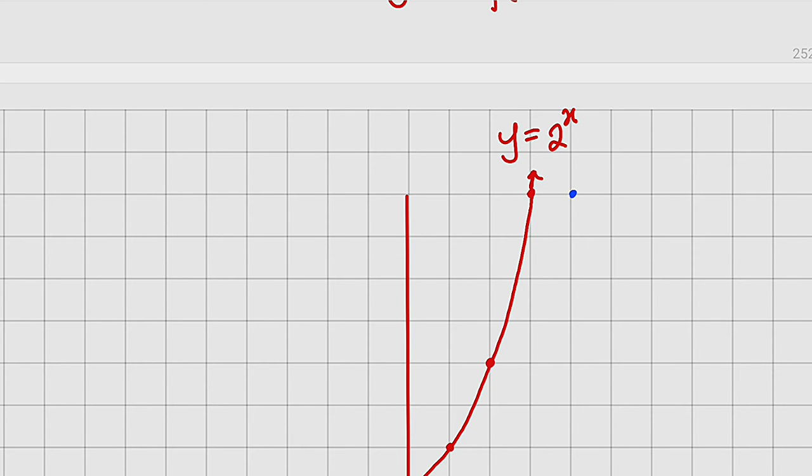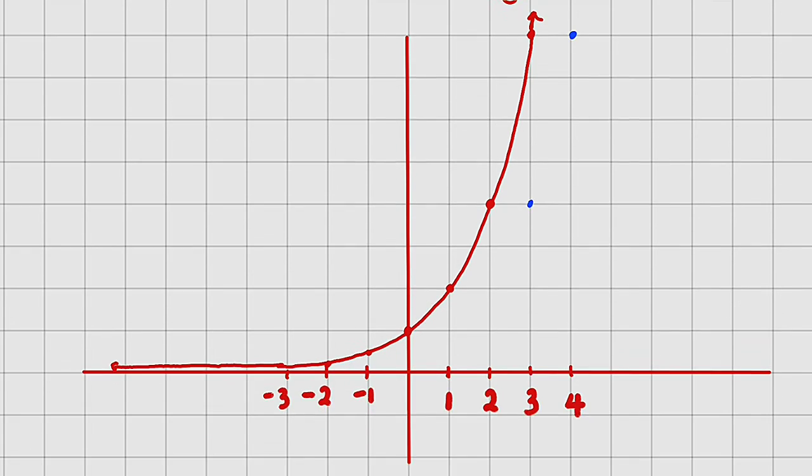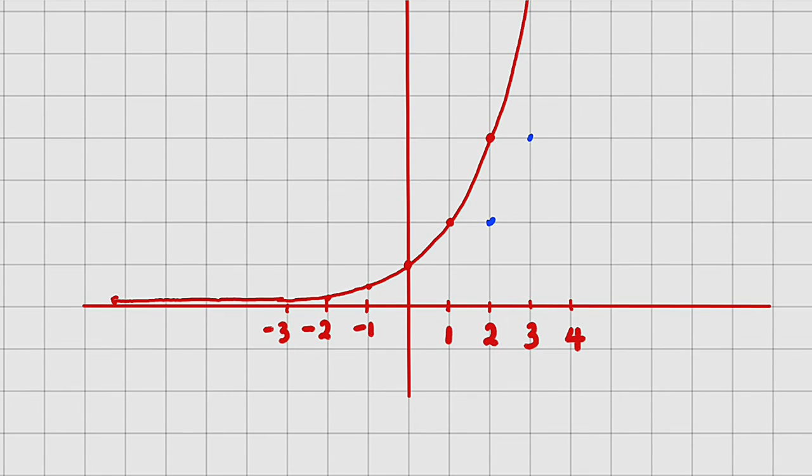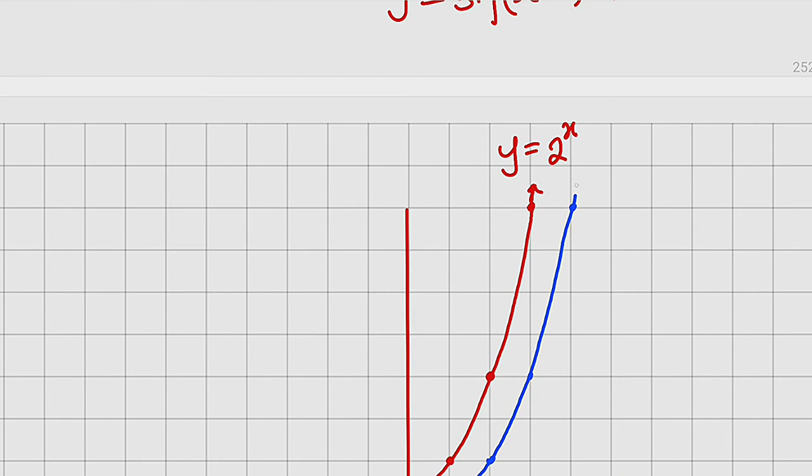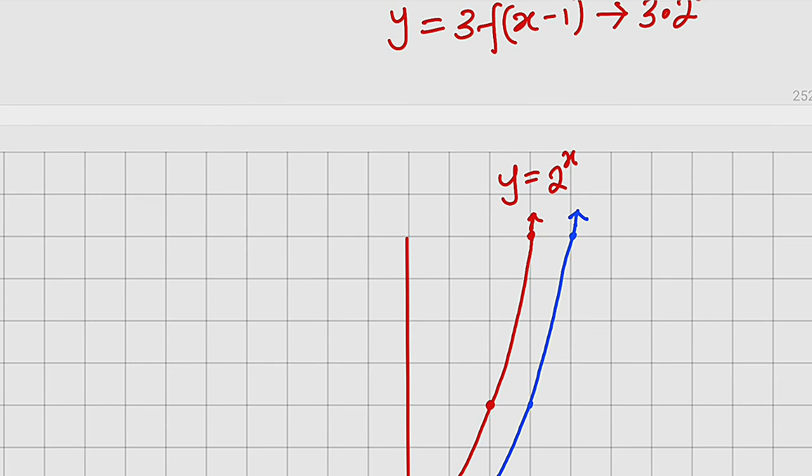I have another one here, 1 unit to the right, and so on for each of the other points. So let me connect all of these points. All right, something like this, roughly. This is the graph of y equal to 2 to the power of x minus 1.